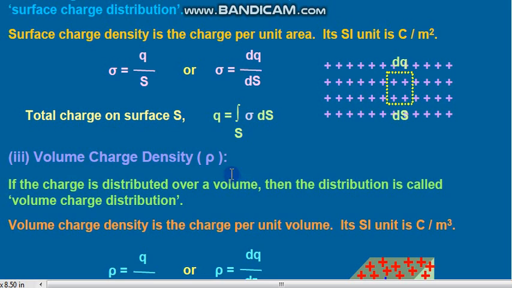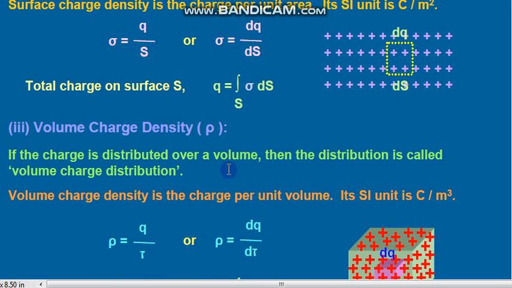Whereas if you take into consideration the charges to be distributed over a certain region of space, then we define a term called volume charge density. We will denote it by rho, and rho is equal to q divided by volume v, or for a very small region dv.